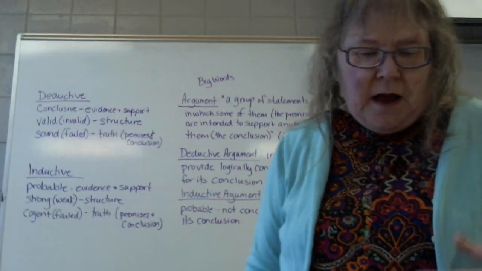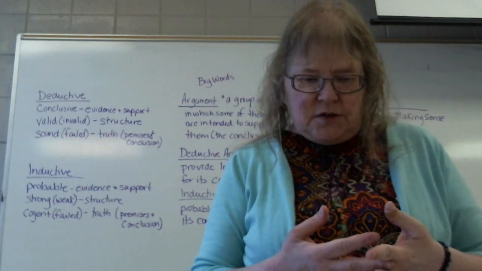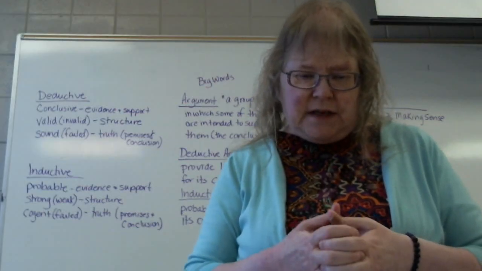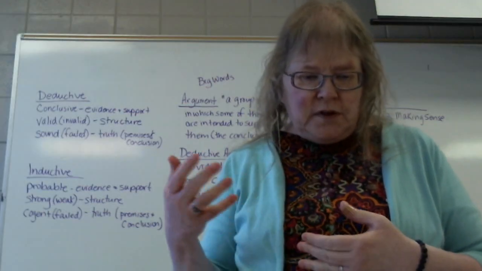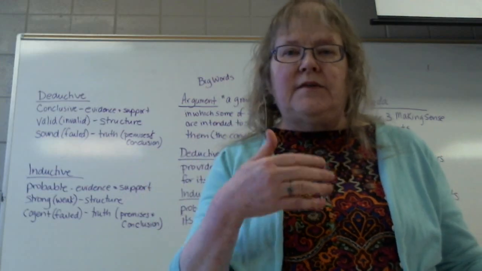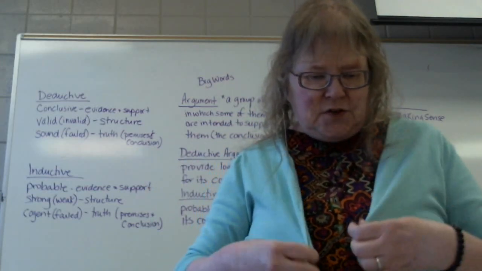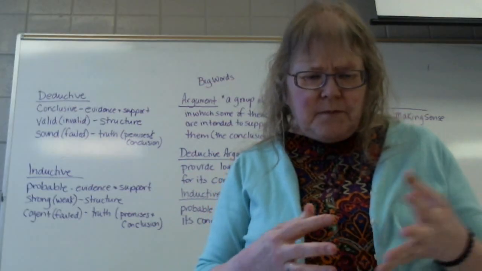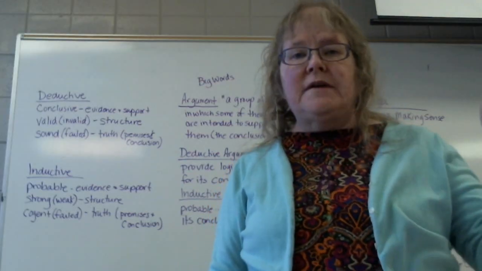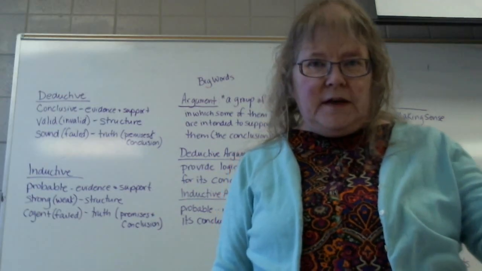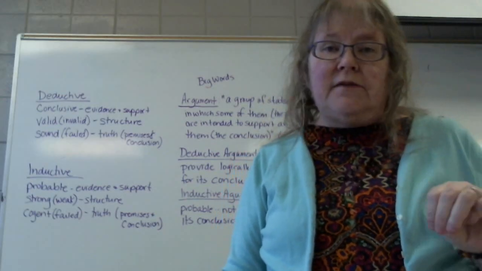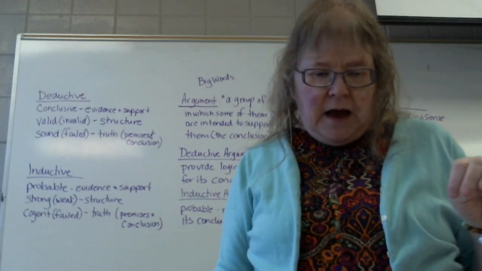Okay. Logical validity or logical strength is an essential characteristic of a good argument, but there is more to a good argument than just having proper structure. And on page 68, Dr. Vaughn gives us a couple examples. The first one is, all pigs can fly. Vaughn is a pig, so Vaughn can fly. Okay.